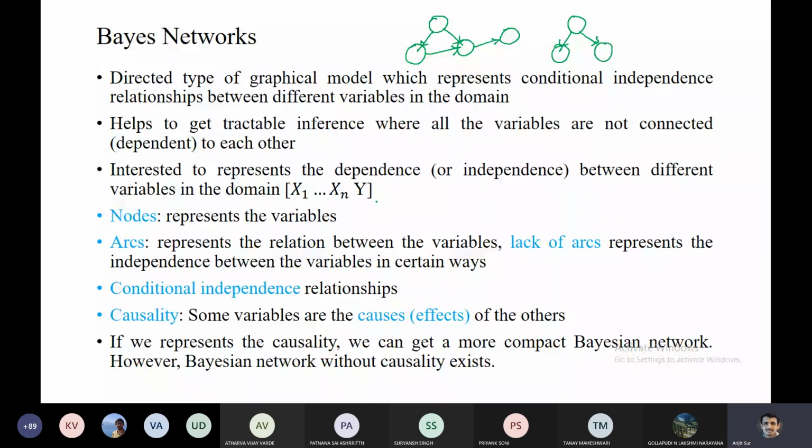Now, how are we going to represent it? These are the nodes, which represent the variables. So these are the variables, and this arc represents the relations between variables.